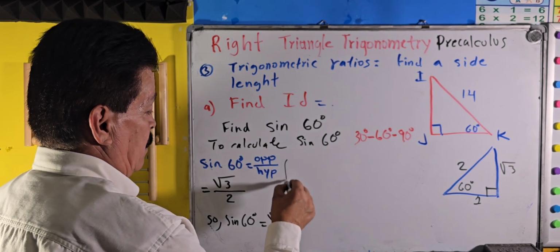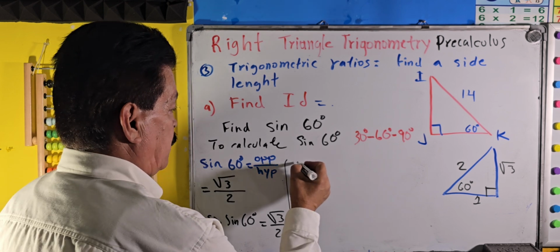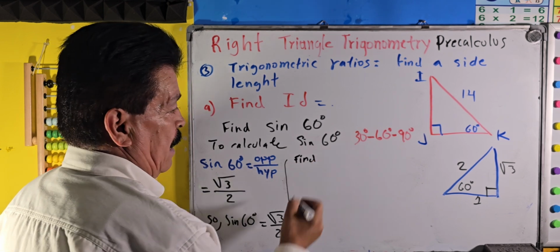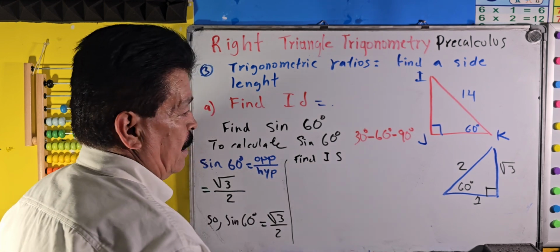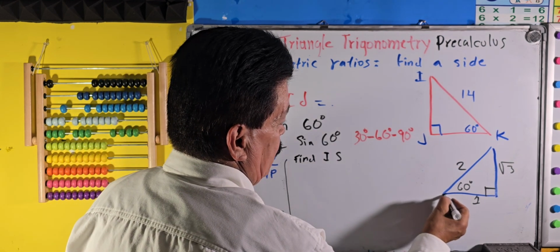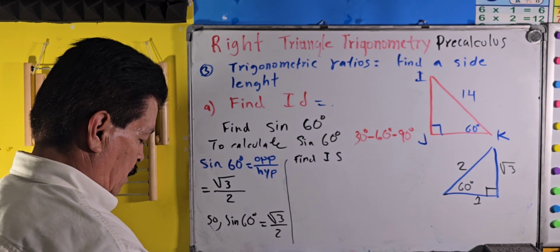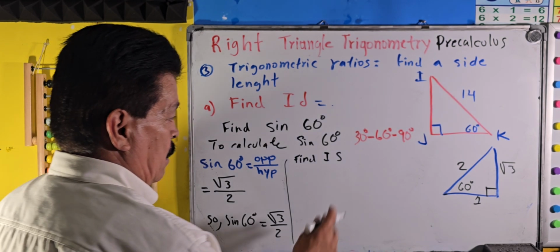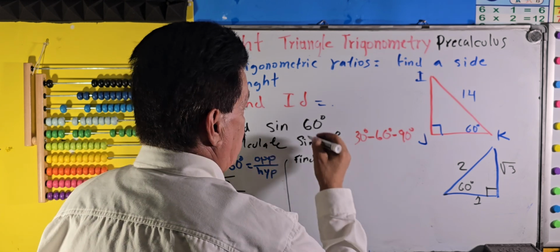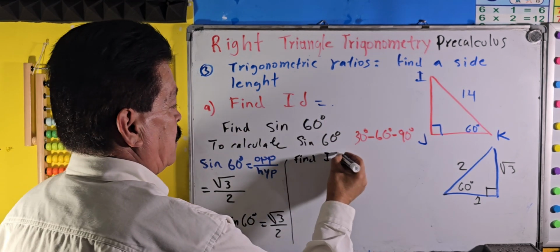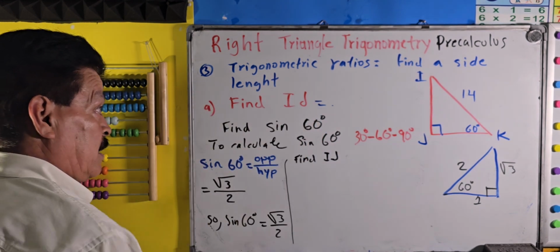Now we have to find IJ. Remember the problem. We're talking about this. We need to find IJ.